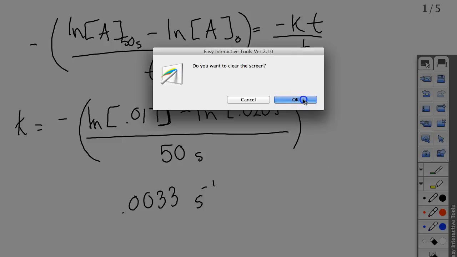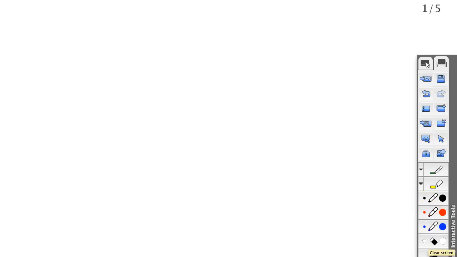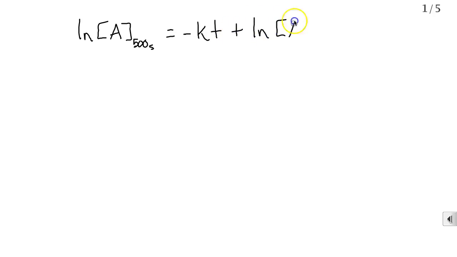Can you see it in your PowerPoint? So what I'm going to do is go back to the formula, and now I'm going to rearrange it such that the natural log of A at 500 seconds, and again, this is just a label, is going to equal negative kt plus the natural log of A at the beginning.